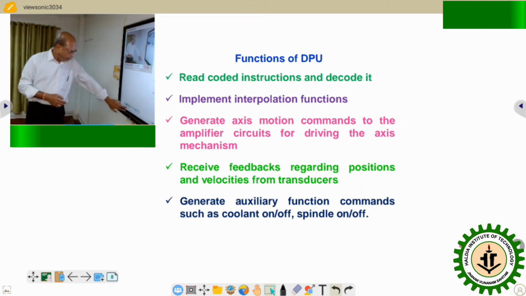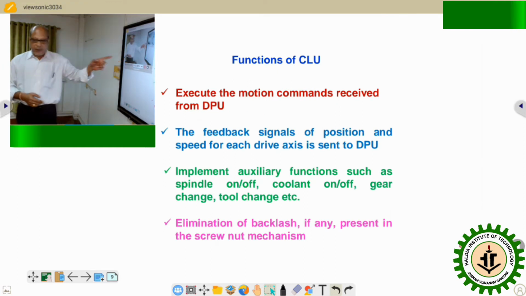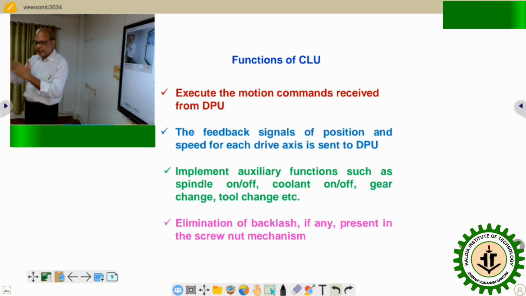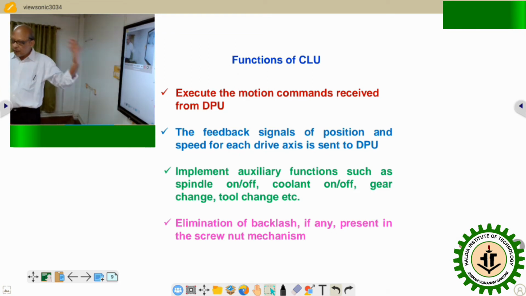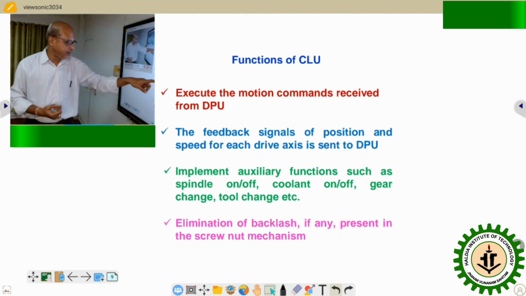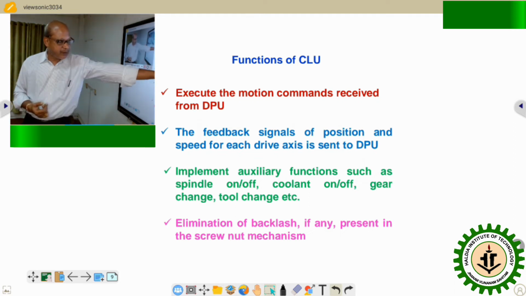Now coming to the CLU. It executes the motion commands received from the DPU. Whatever commands are issued by the data processing unit, the lower-level hierarchy unit, that is the CLU, will execute those commands. The feedback signals of position and speed for each drive axis are sent to the data processing unit.